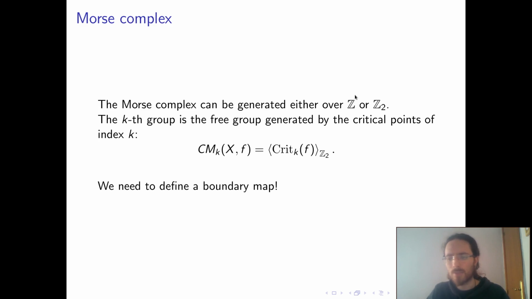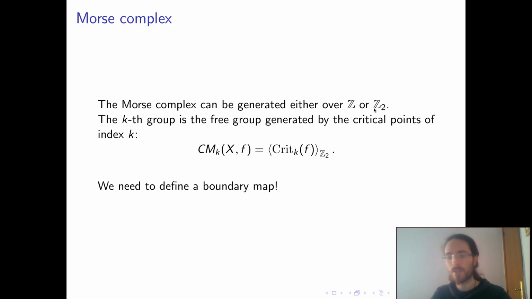Z is the simplest usually, but you can even go simpler to Z2, and here I'm going to use Z2 because if you use Z, then you have additional complications when you define the complex itself, because you need to take into account orientations of the unstable manifolds. So to not take into account all those complications, I'm going to take just Z2.